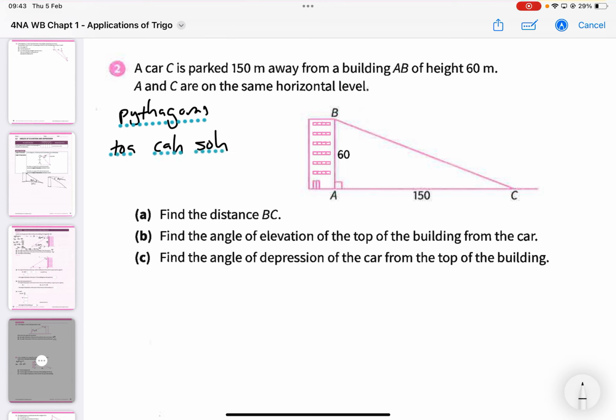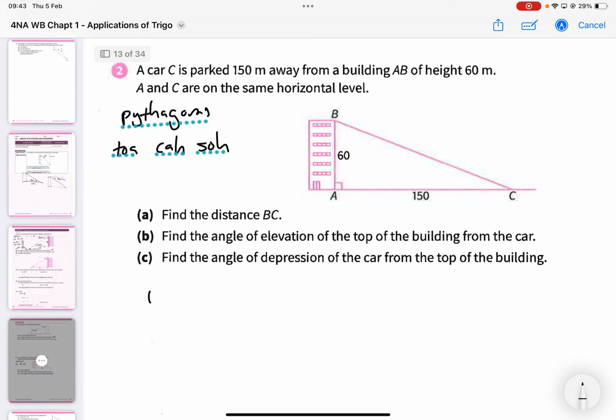So to find the distance BC, this is a right angle triangle. BC is the longer side because it is opposite the 90 degrees. So the longest side squared is always equal to the two shorter sides squared and added together.